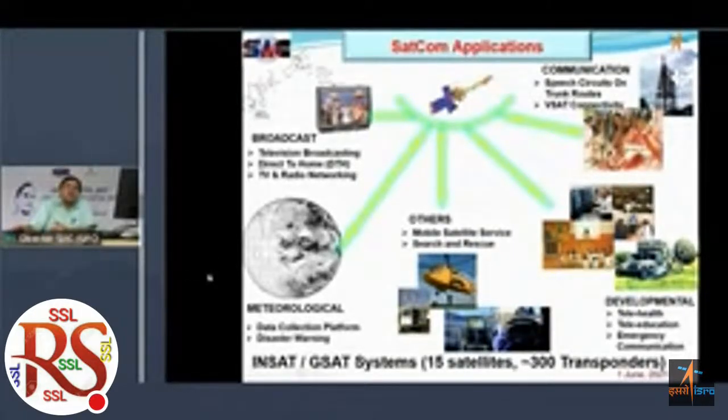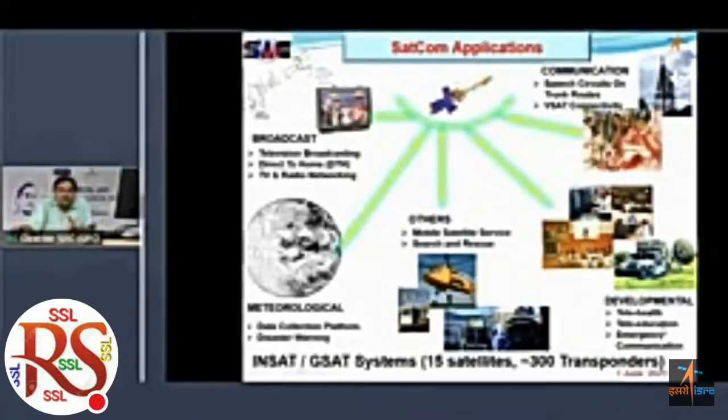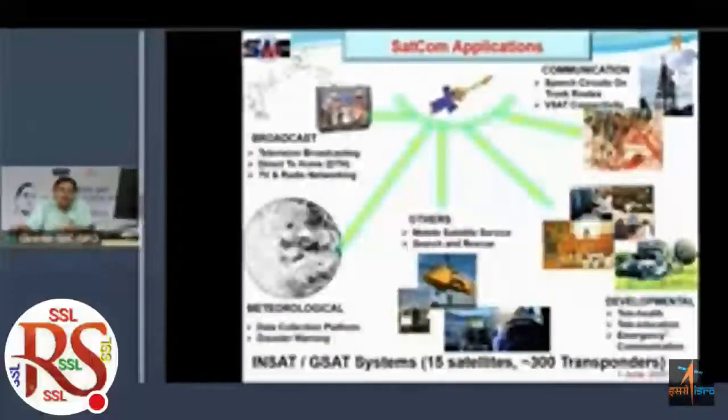And apart from that, these communication satellites are also used for telemedicine, telehealth, and the importance of that we realized during this pandemic. You're sitting at your home, you can consult a doctor through the internet link or a satellite communication link. So again, there satellite comes very handy. Then education, especially for your children, when you are sitting at your home or in your school, you can teach your children or the students sitting at their home.